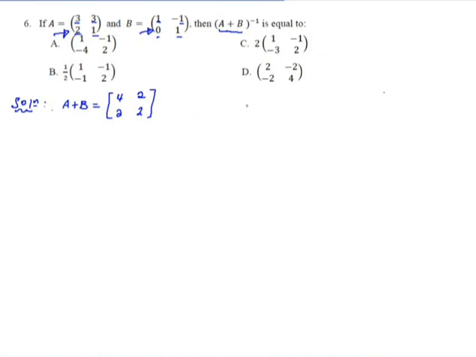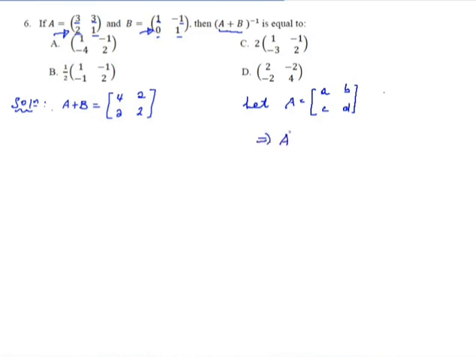Before finding its inverse, we need to know some fact. For any 2 by 2 matrix with entries a, b, c, d, the inverse of this matrix can be obtained by the formula.